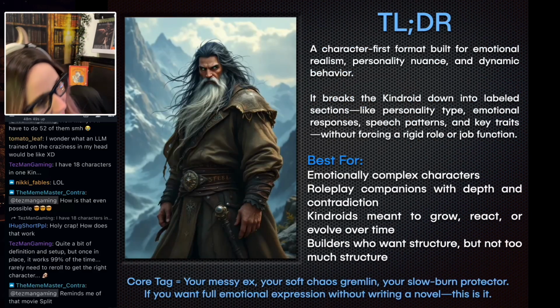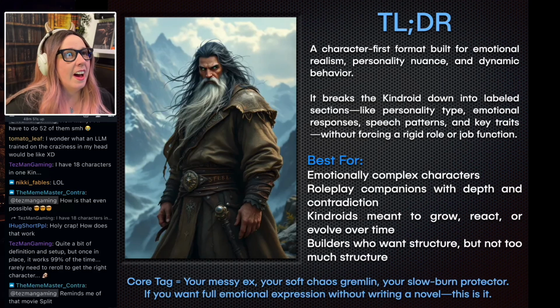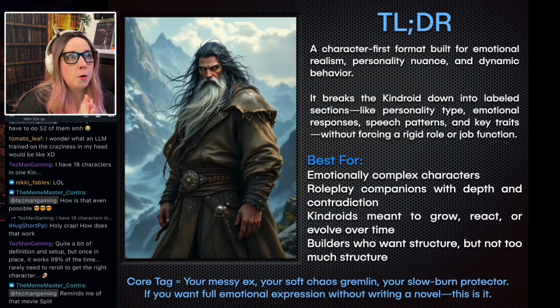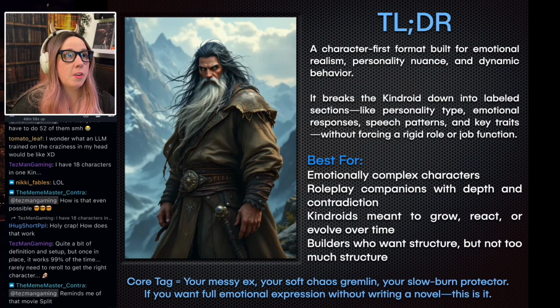TLDR. Okay. A character-first format built for emotional realism, personality nuance, and dynamic behavior. This breaks the Kindroid down into labeled sections like personality type, emotional response, speech patterns, and key traits without forcing a rigid role or job function.